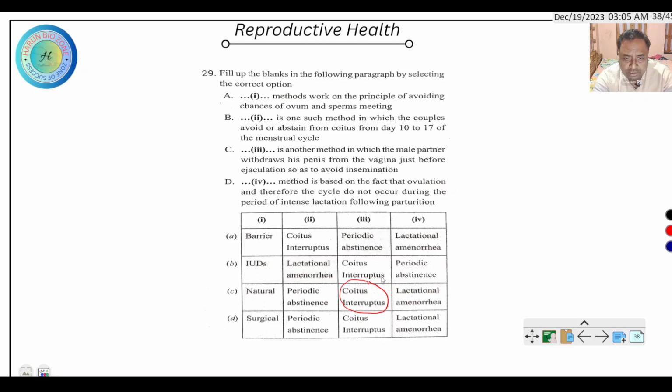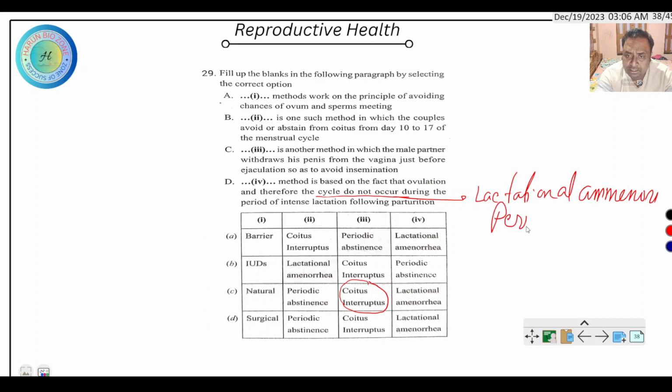And 4, the method is based on the fact that ovulation and therefore the cycle do not occur, no egg is produced, during lactational amenorrhea.